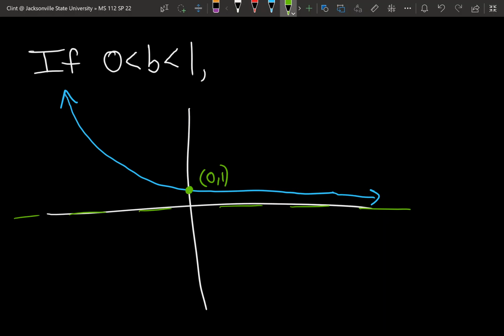The reason why it does that is, we're talking about b being a fraction, so let's look at an example. That would be 1/2 to the x.